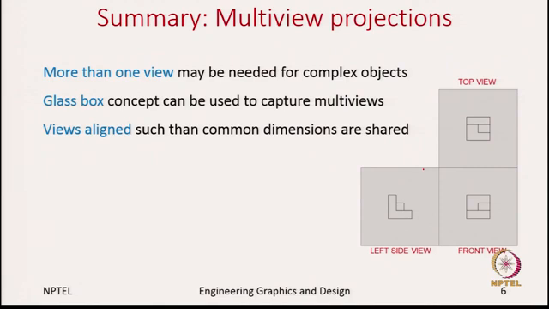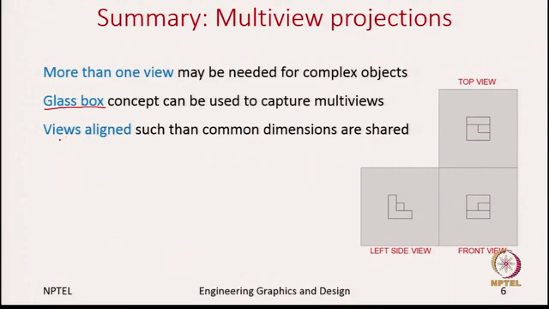And then we said, let us say okay, we will pick these 6 standard views which are in line with the 3D coordinate systems. So, one way to capture that is to use this concept of glass box, where you place the object in this glass box and then capture all the 6 views.